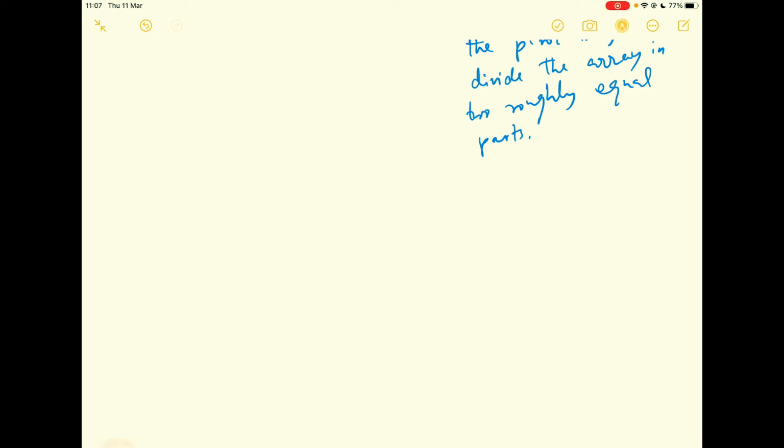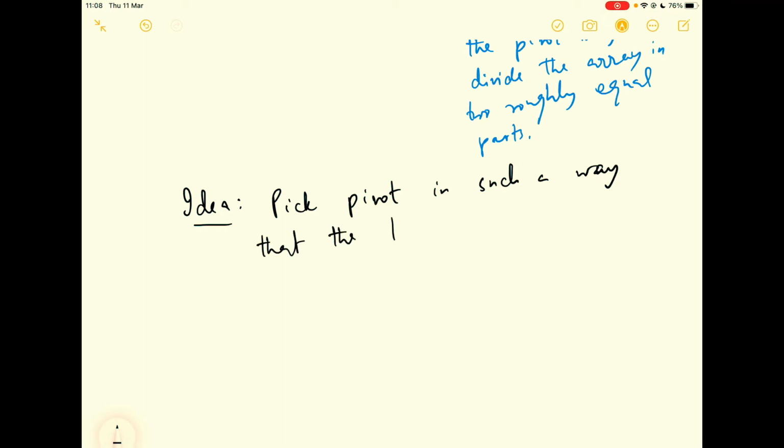Idea: pick the pivot in such a way that the two parts after partition have some constant fraction of n elements, have omega(n) elements.